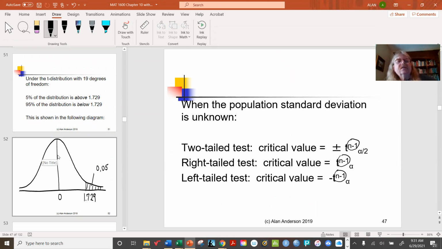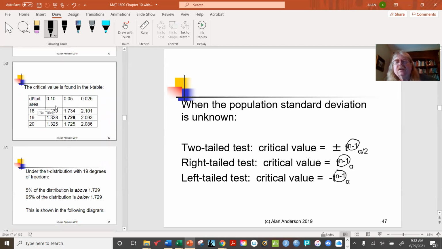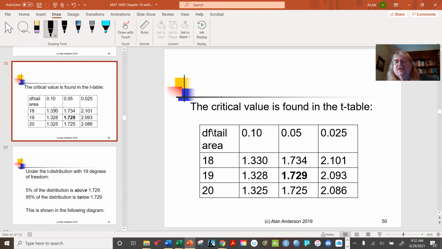So imagine that we're using the 5% level of significance, as we so often do. And we have a sample size of 20, which implies 19 degrees of freedom. So you can look up the critical values in a table, or you can use the inverse T function in your calculator, as we've seen. And we get a value of 1.729, which, if you recall, with the standard normal, it was 1.645. So the t critical values are always larger than the standard normal ones.